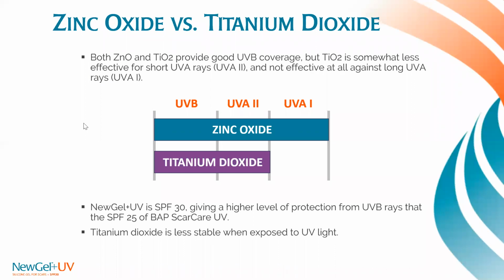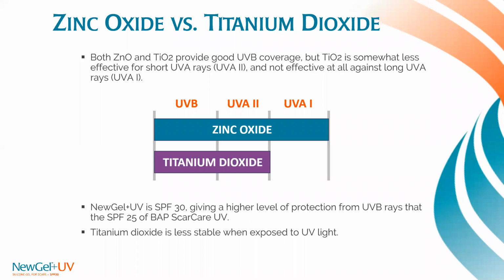And so here's the difference between zinc oxide and titanium dioxide. The zinc oxide in NewGel Plus UV covers the full range of UVB, UVA2, and UVA1 spectrum rays, where titanium dioxide covers UVB and only UVA2. It does not cover the UVA1 rays that are in the sun.